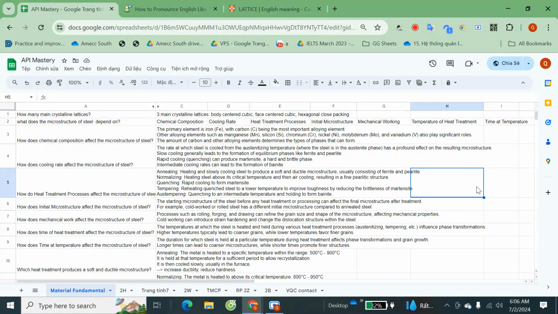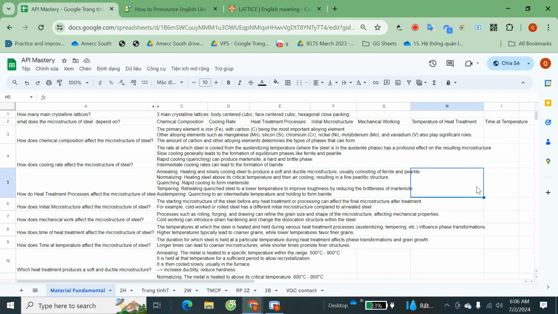Slow cooling generally leads to the formation of equilibrium phases like ferrite and pearlite.